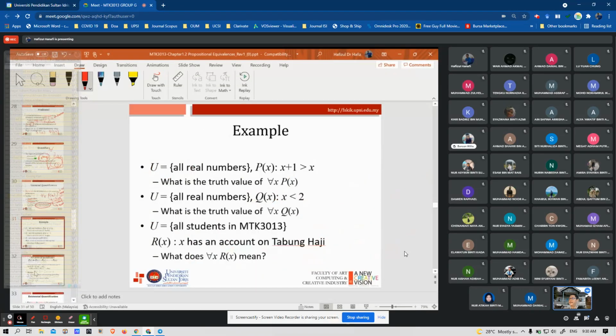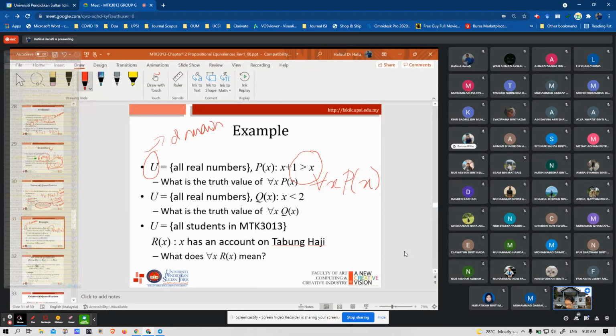Okay, for the example, the universe of discourse is the domain. All real numbers: P(x) is x plus 1 is greater than x, for all x, for every variable x, is true.